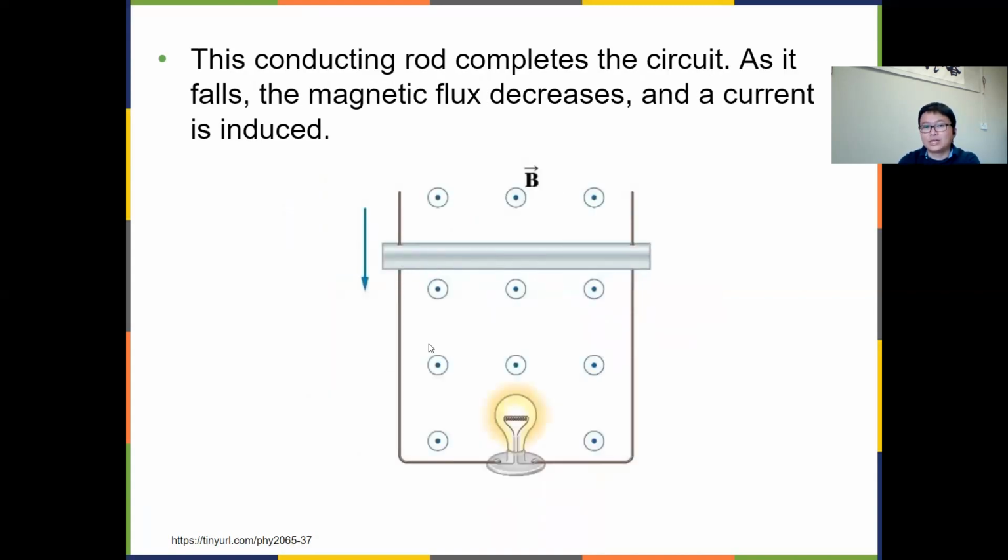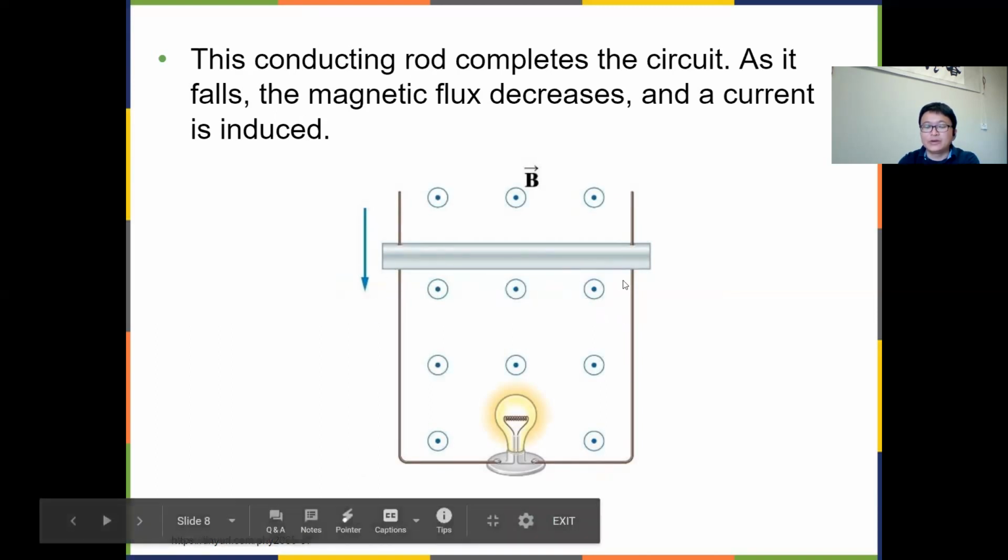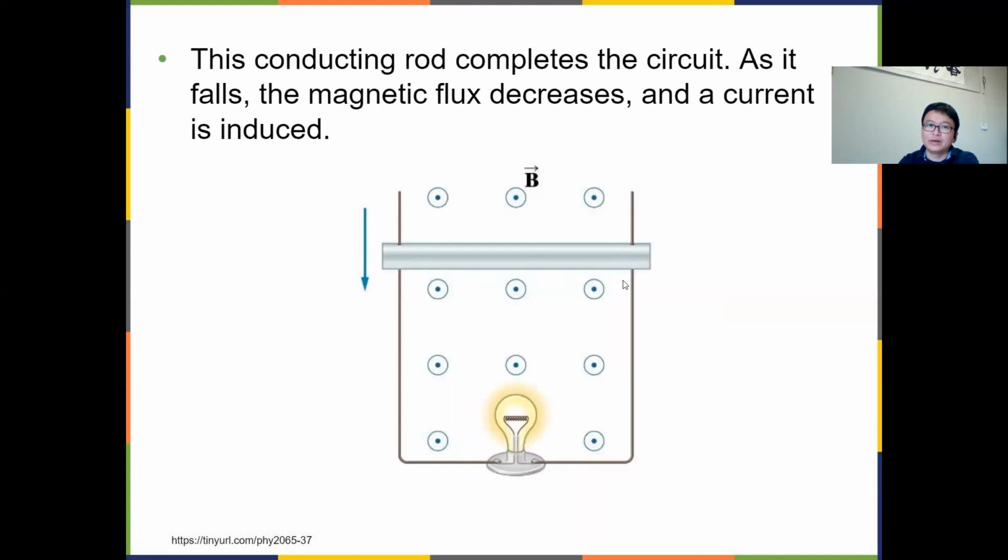If the bar is going down, then the B field is constant, area decreases, so your flux decreases, right? So then there will be a current induced in the circuit here. If you have currents in the circuit, then you'll have an induced magnetic field, right? The induced magnetic field should oppose the original change of the magnetic flux.